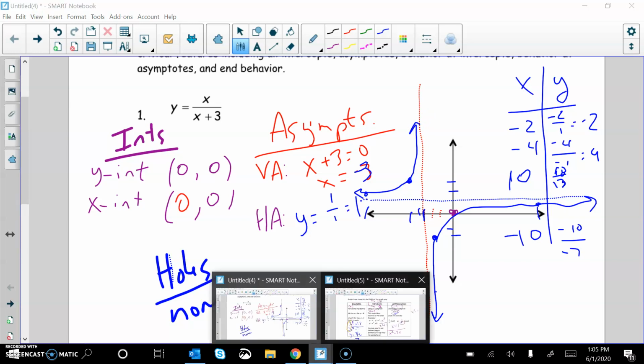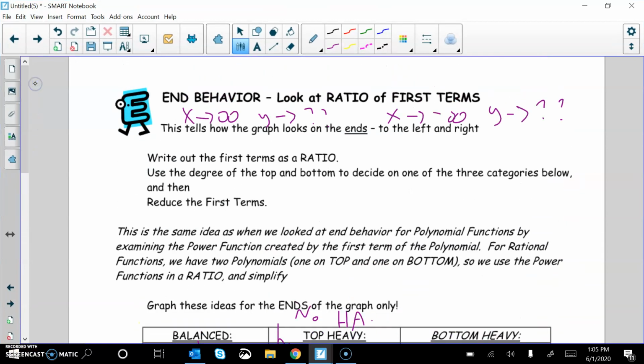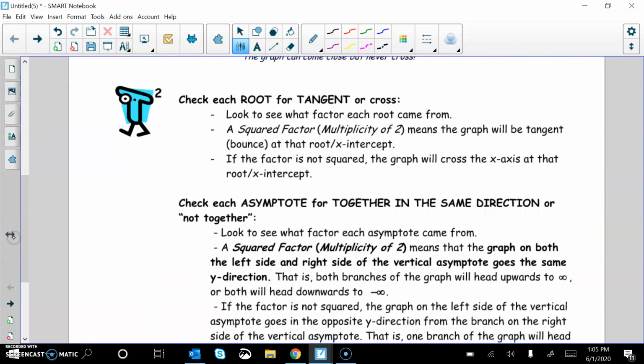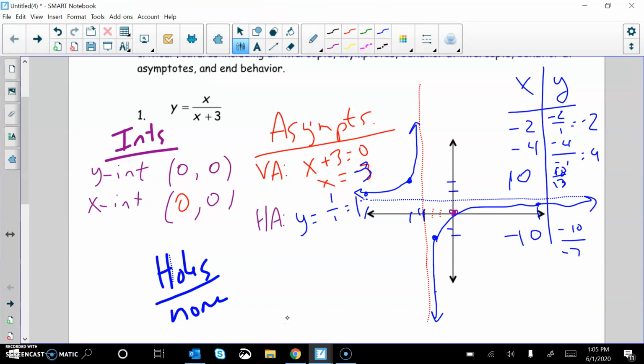If you look back to this page here, this part, let's find it. If a factor is squared, that's going to tell you a few key things. If a factor is squared and that gives you your x-intercepts, it would have been tangent and not have gone through it.